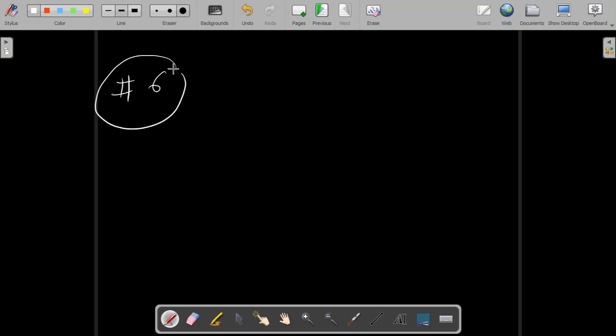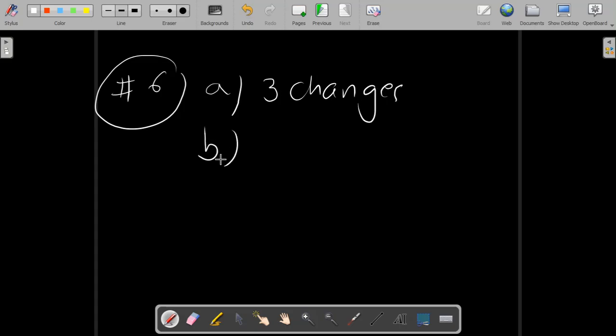Number 6 has two questions. The first one is how many times it changes direction. Your answer for the first question is 3 changes. The second question says, when is it moving the slowest?